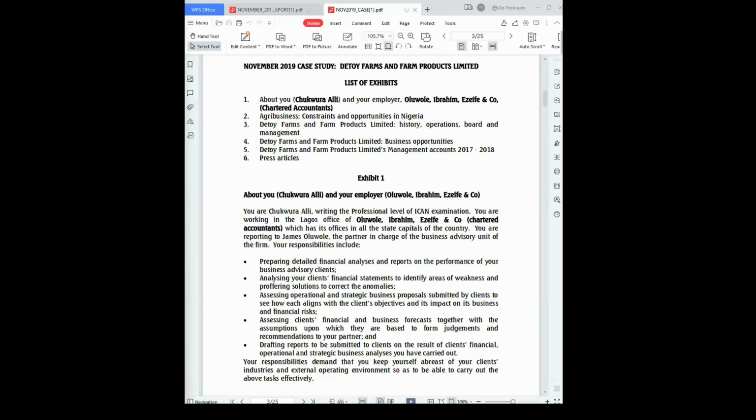Four, assessing clients' financial and business forecasts together with the assumptions upon which they are based to form judgments and recommendations to your partner. And finally, drafting reports to be submitted to clients on the result of clients' financial, operational, and strategic business analysis you have carried out. Your responsibilities demand that you keep yourself abreast of your clients' industries and external operating environment so as to be able to carry out the above tasks effectively.